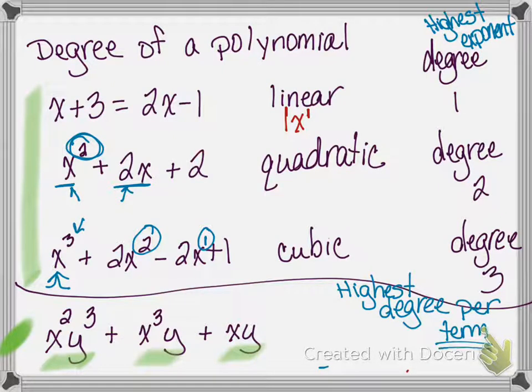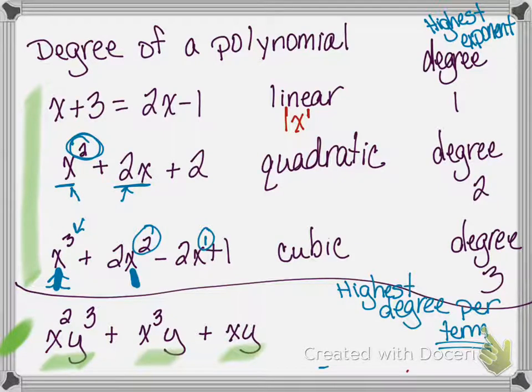Okay? Per term. When you've got two letters in the same term, you've got to add those together to determine your degree. Now, I'm not going to add x to the third and x squared together because what operation is happening between those two? In x to the third plus 2x squared, that's addition.